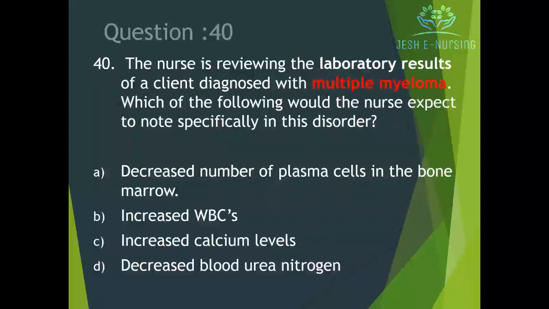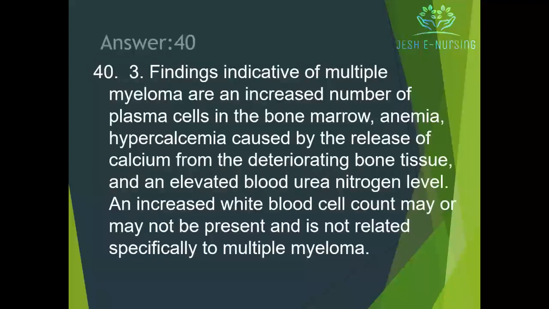If the patient is having multiple myeloma, the bone marrow will be affected. So once the bone is destroyed, the calcium will be released into the blood circulation. In the blood, high levels of calcium will be there. So the answer here is increased calcium levels.